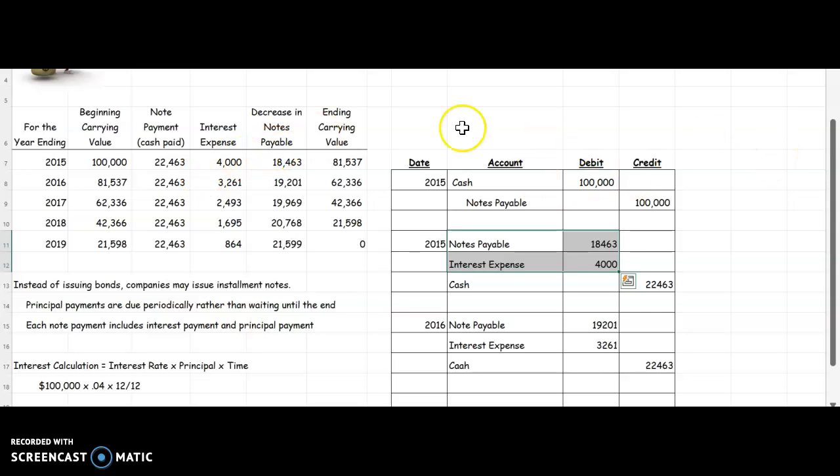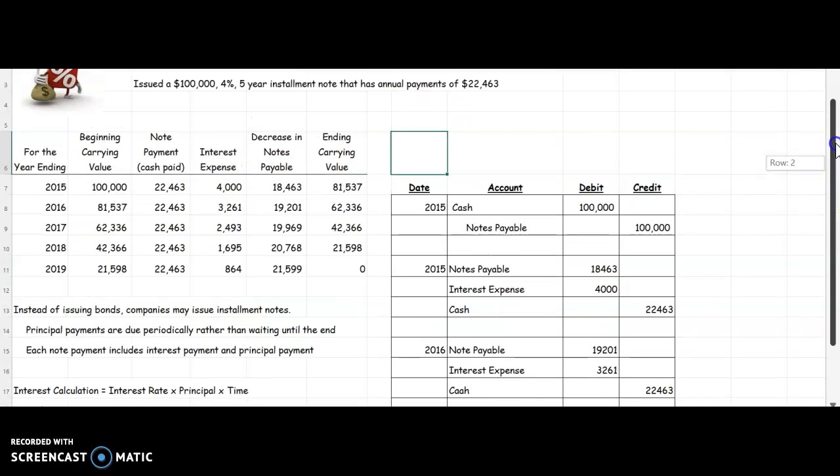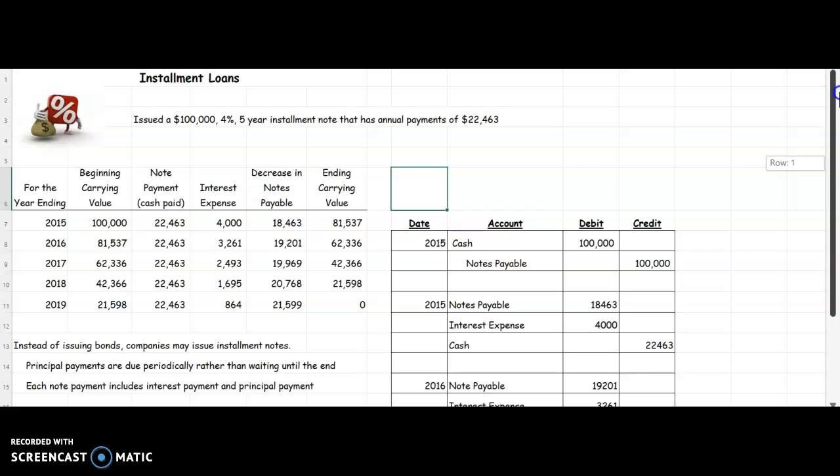And this is what an installment note is. Each payment is made up of some of your interest, and some is your principal. So each cash payment contains interest and principal.